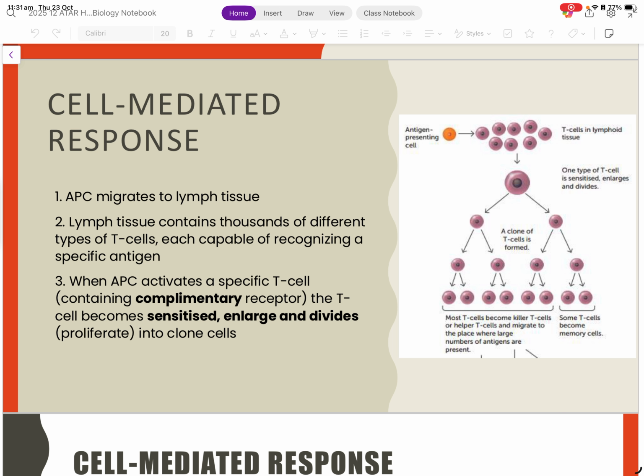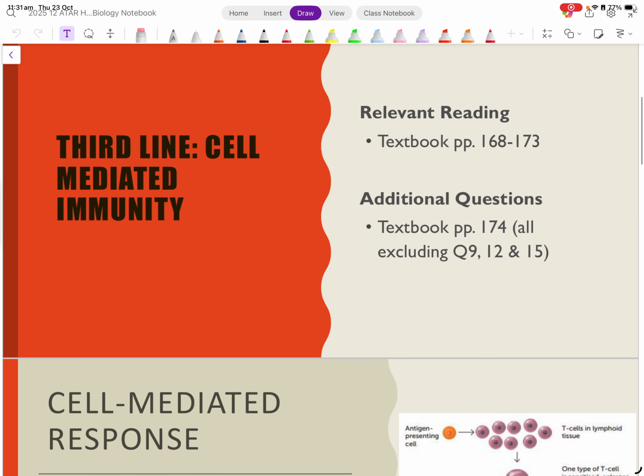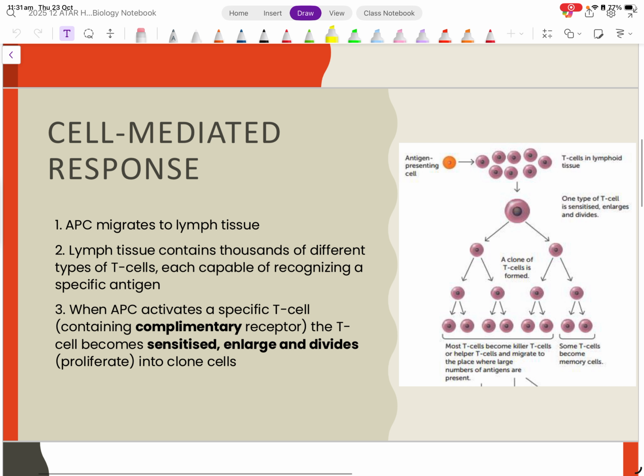And this largely comes from our first few steps. So with the cell-mediated response, we have the same opening stage where an antigen-presenting cell makes its way to the lymph tissue. Now, a point of difference, which I'll highlight in green here, is following this, in the lymph tissue, we're no longer looking at B cells, we're now looking at the different types of T cells that can be produced and how each are capable of recognizing a specific antigen.